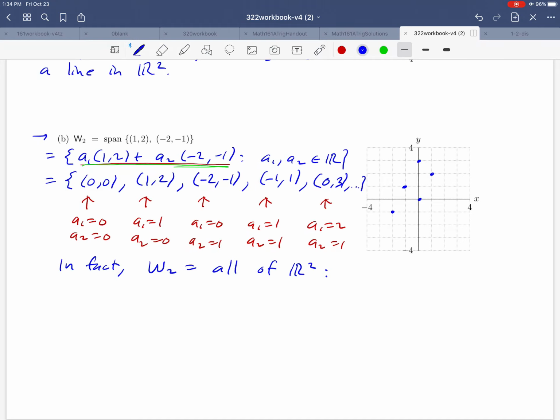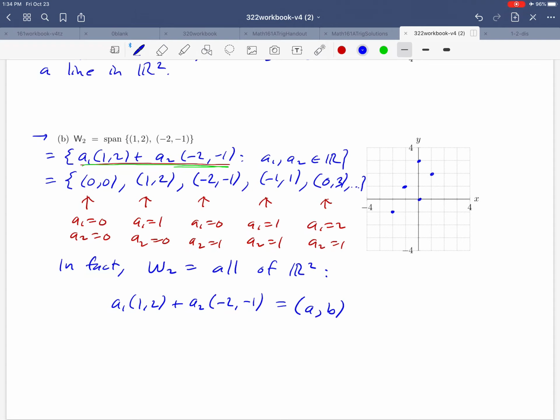It's like saying that if somebody handed you a totally arbitrary vector (a, b) in R2, it should be possible to build that vector using a linear combination of (1, 2) and (-2, -1).